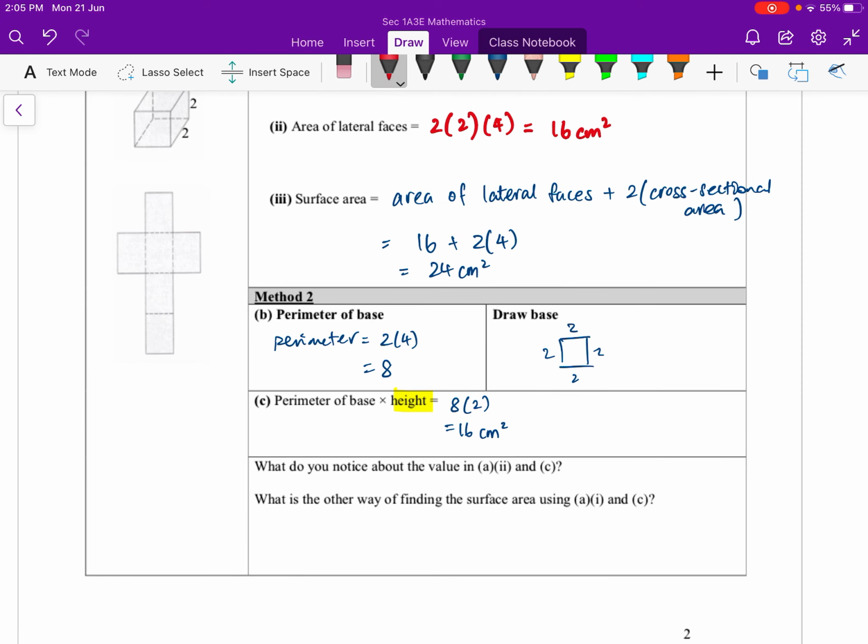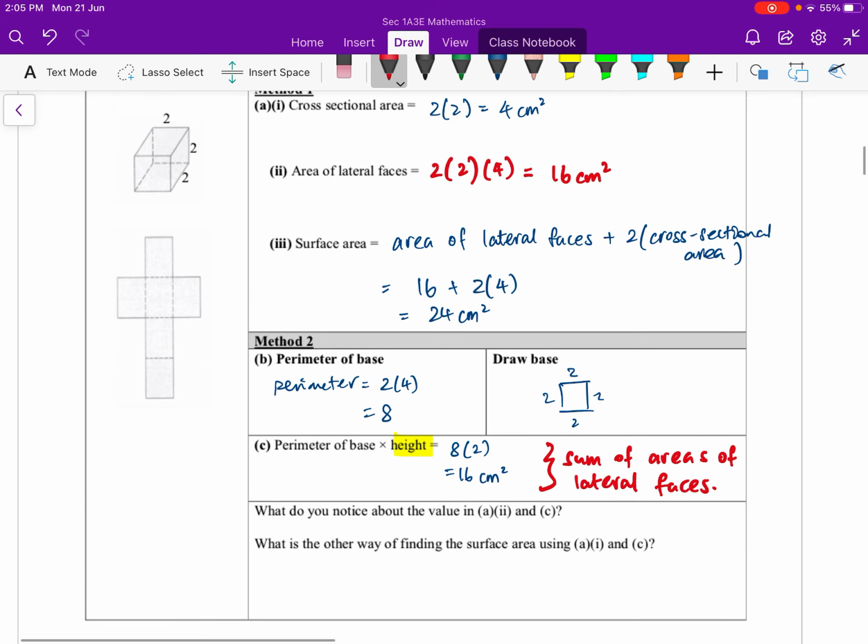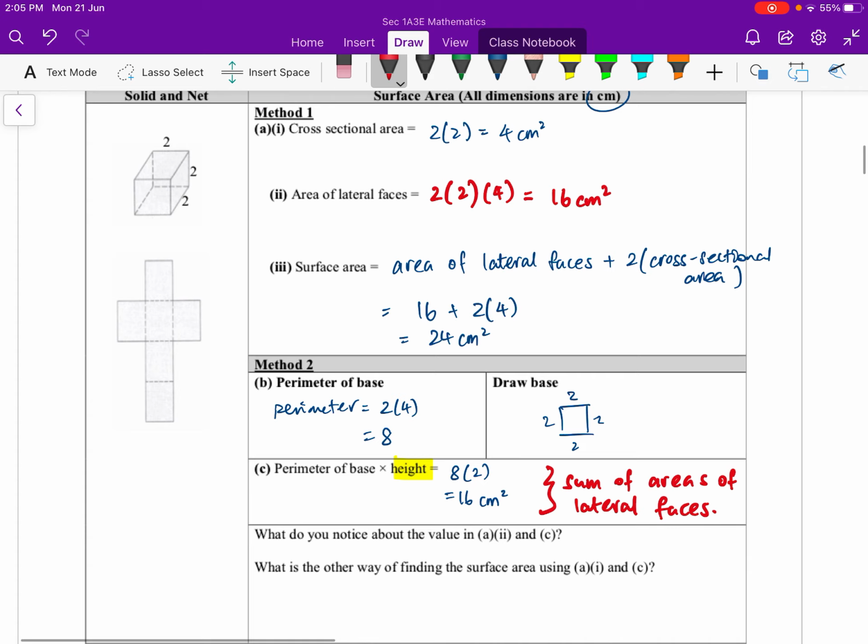This refers to the sum of area of lateral faces, all of them. The next portion says, what do you notice about the value in A part 2, which is 16 square centimeters, as well as the answer in part C, 16 square centimeters? They are the same.